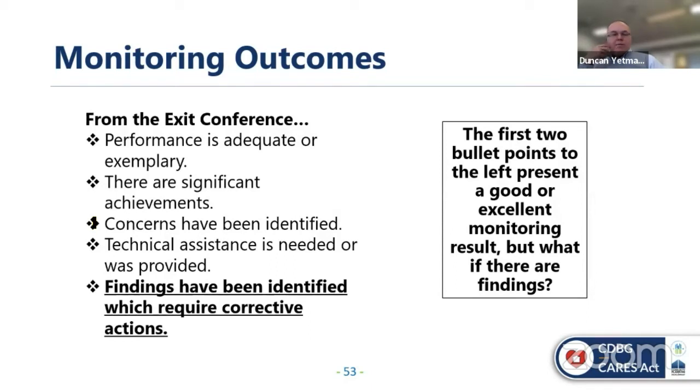So going back to what we said there, it would be communicated at an exit conference. Remember that, again, you will have an opportunity at that conference to present additional information before a monitoring letter is issued.